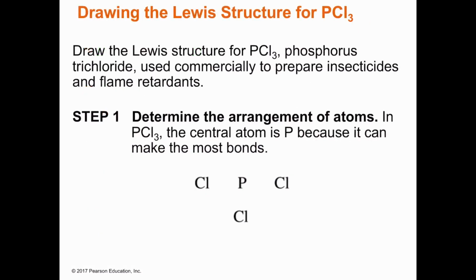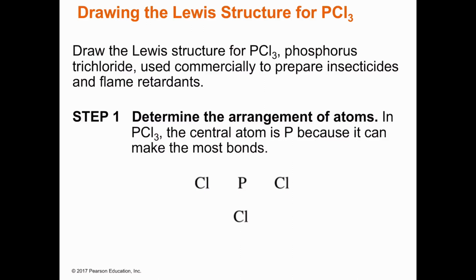Let's try this out. We are going to try and draw the Lewis structure for phosphorus trichloride. The first thing that we'll do is figure out our arrangement of atoms. Figure out which thing we are going to put in the middle. Our options are phosphorus or chlorine. The way that we determine which one goes in the middle is we will look and see which one can make the most bonds.